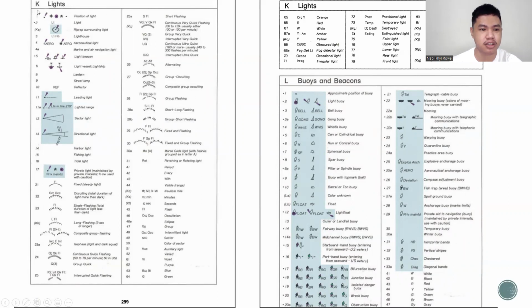These are the different symbols of it, like an exclamation mark, a shuriken, a circle, a star, and a dot. Then the buoys and beacons. These are the different symbols of the light buoy. Then spoil ground buoy is the symbol.